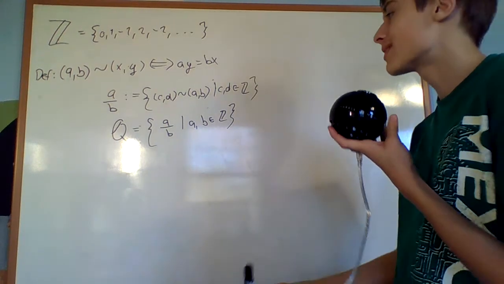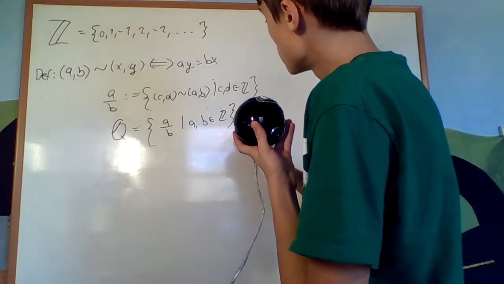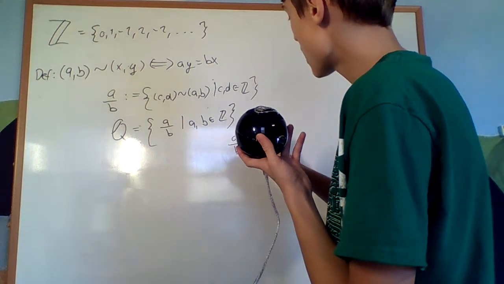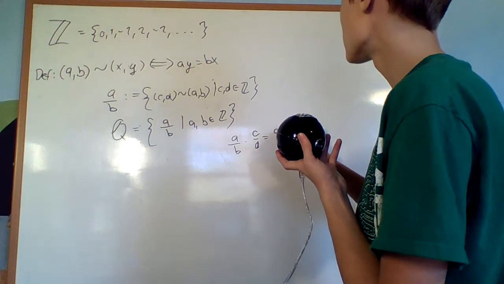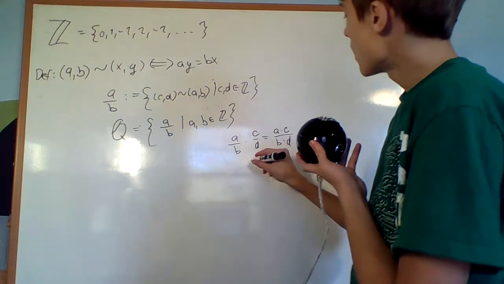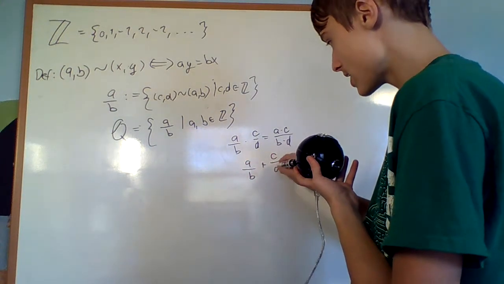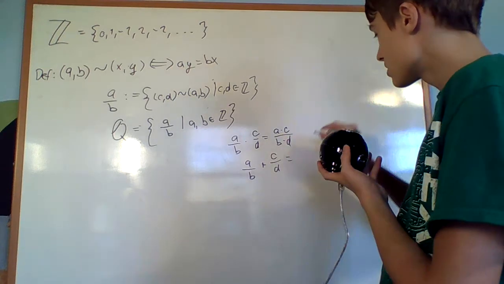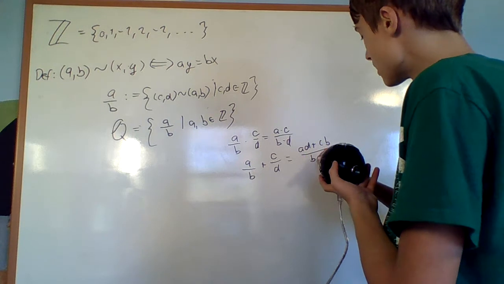And now, time to define addition and multiplication on it. So, we say A over B times C over D is simply going to be A times C over B times D. Now, if I instead did A over B plus C over D, what you get is AD plus CB over BD.